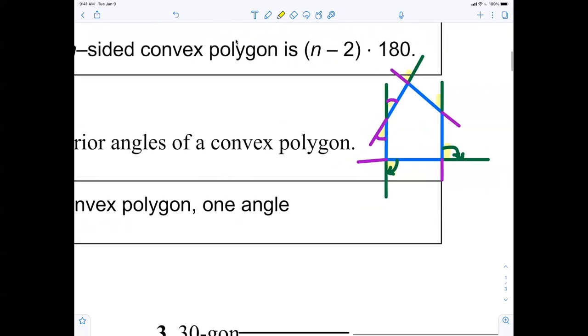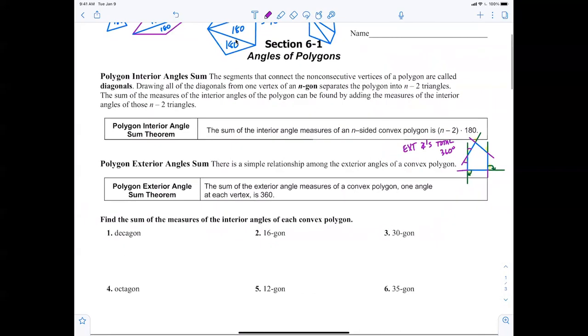So the exterior angles always total 360 degrees. All right. They always total 360 degrees. Just like the angles of a triangle, they always add up to what? 180.